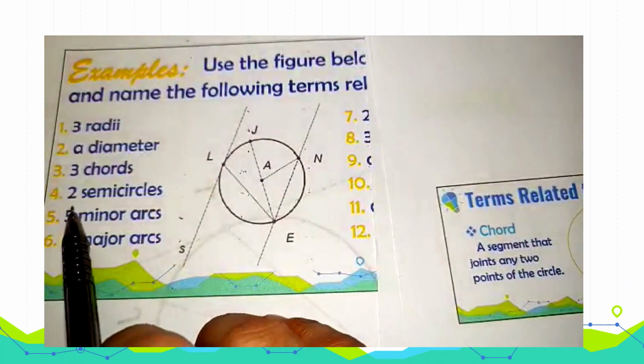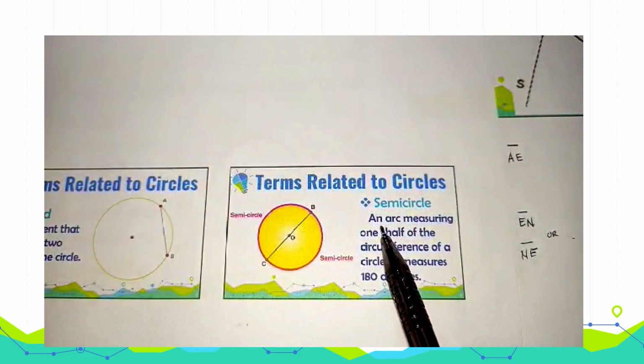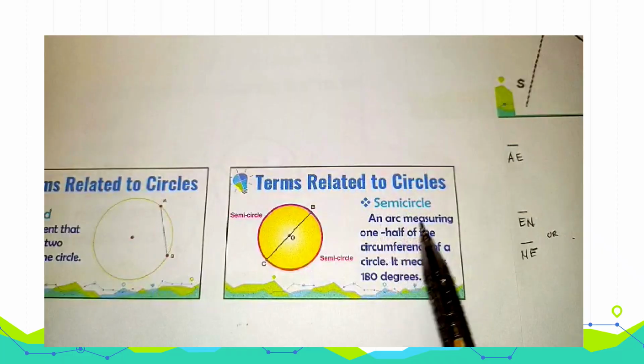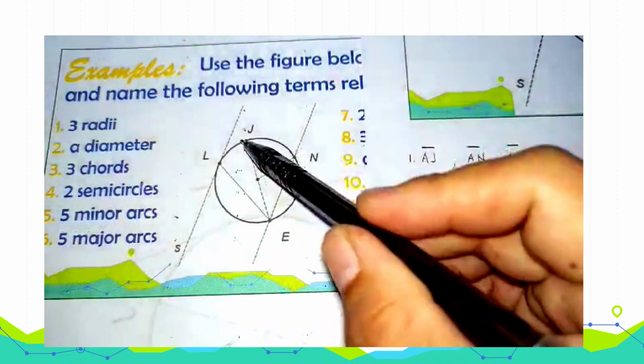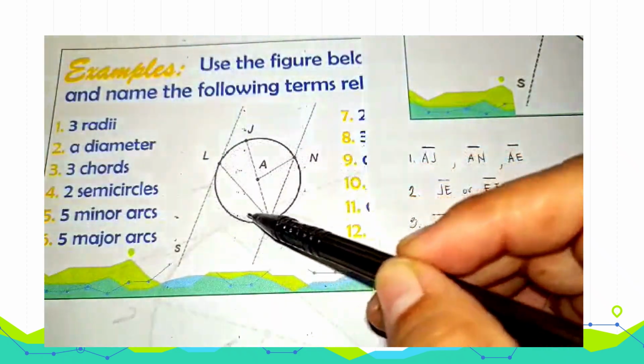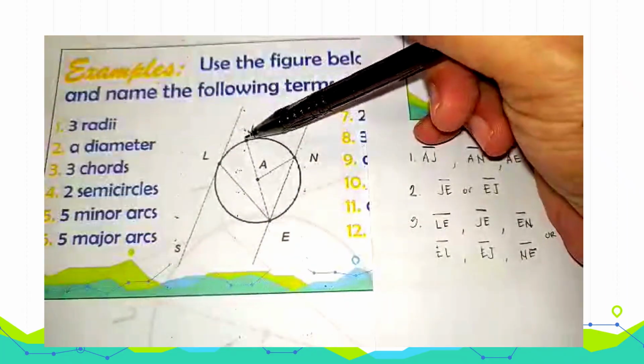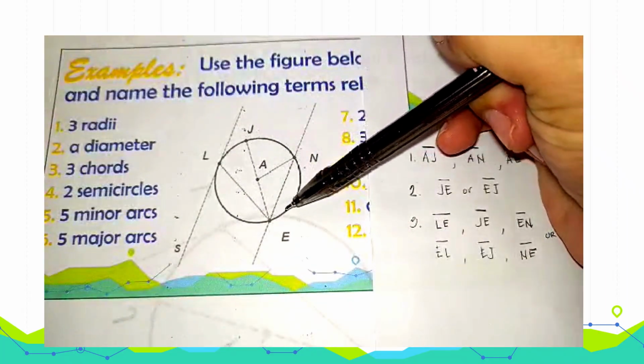Next is number 4. Name 2 semicircles. A semicircle is an arc measuring 1/2 of the circumference. Circumference is the distance around the circle. 2 semicircles will be half of the circumference.